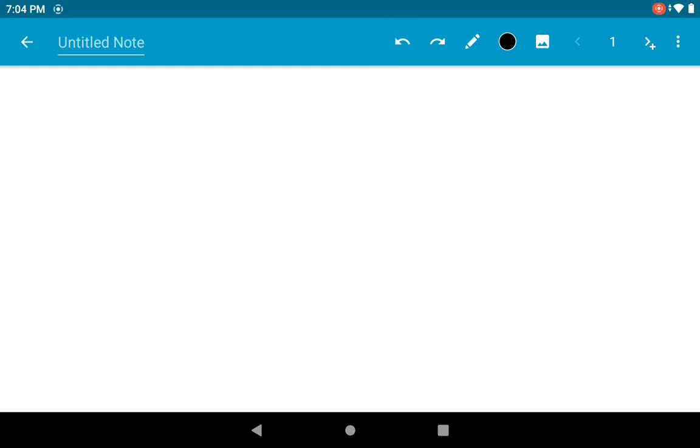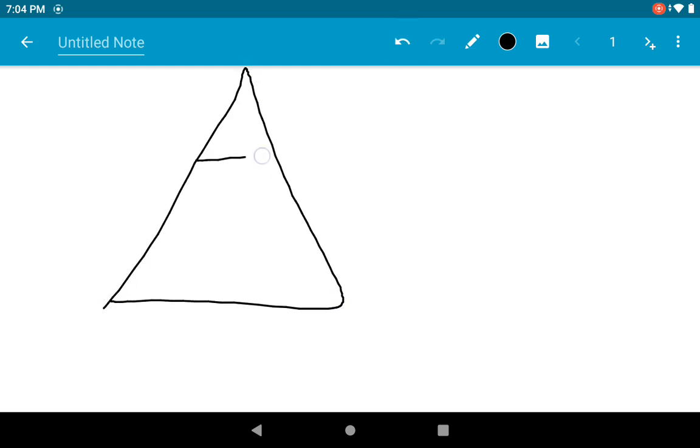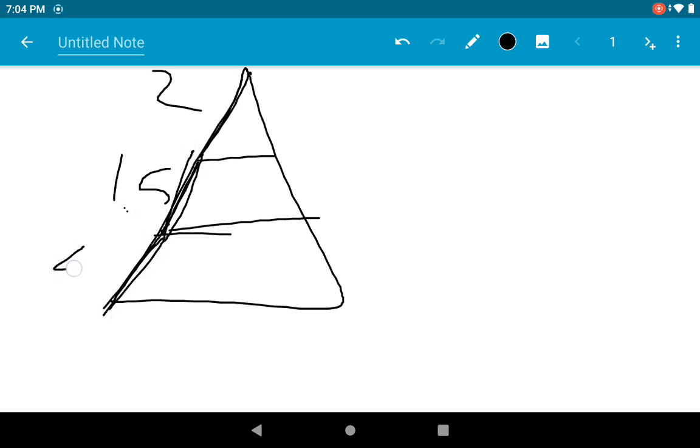Next question. In the adjoining figure, we have a figure given to us, something like this. We know that this length is 2 centimeters, this is 1.5 centimeters, and this is 4 centimeters. And this is, let's assume, x, and this one is given to us as 0.75, and this length is y.